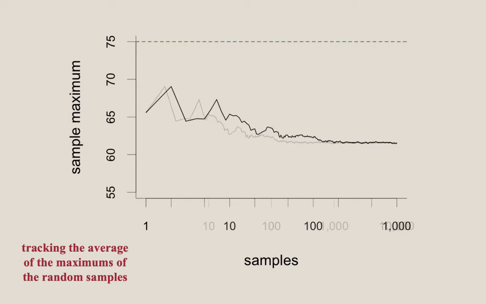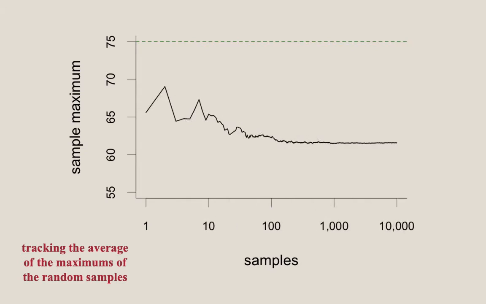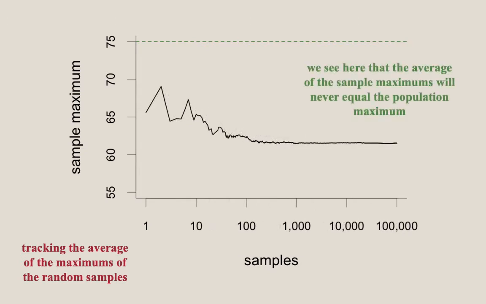And because it is simply impossible to get samples with maximums larger than the population maximum, there will never be any overly large sample maximums to quote-unquote balance out all of the underestimated values obtained for most samples. So, the average of these sample maximums will always be below the population maximum, regardless of how many samples we take from the population. This is bias.